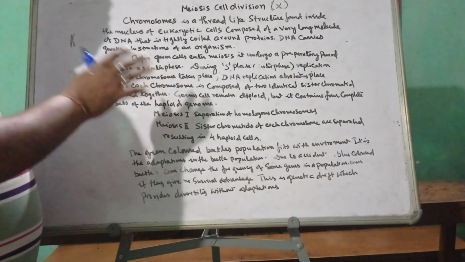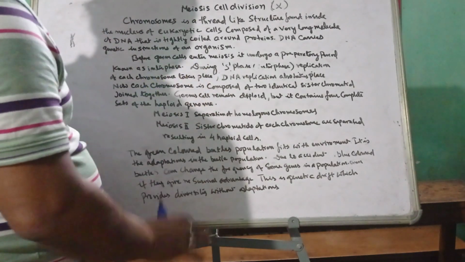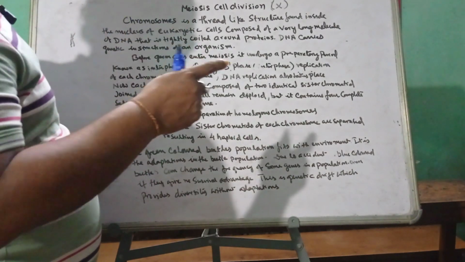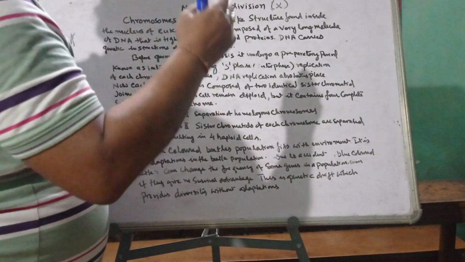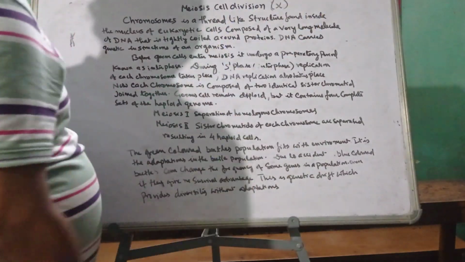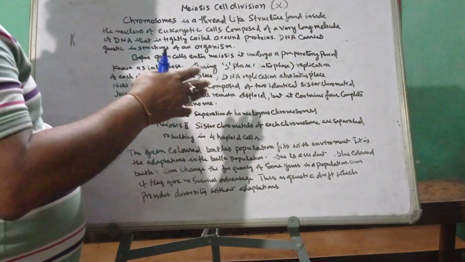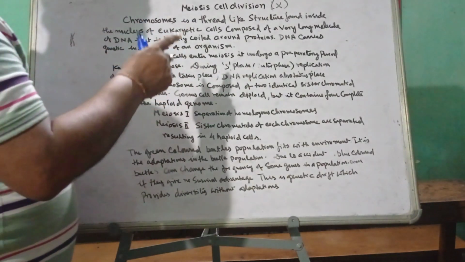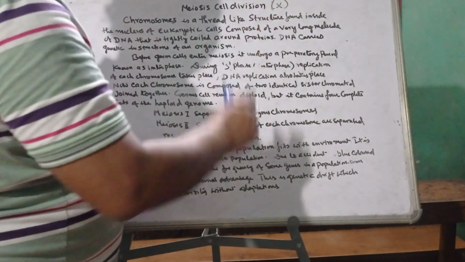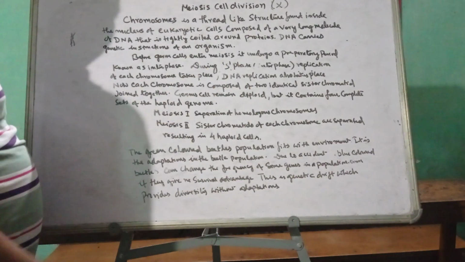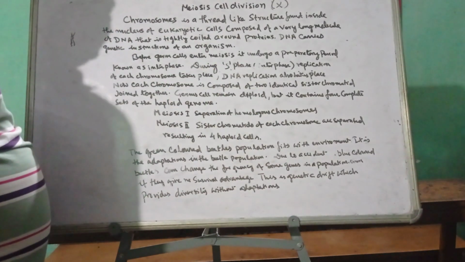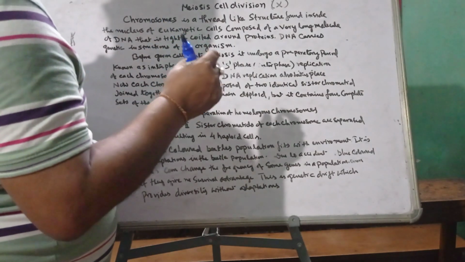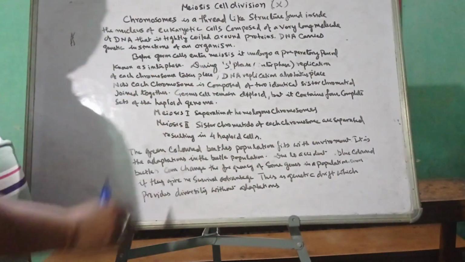This variation will go on, and it helps the organisms to survive if some drastic changes take place in the environment. This DNA variation helps for the survival of the organisms. So here the DNA replicates, but the DNA formed by replication is not identical. There the variations take place.